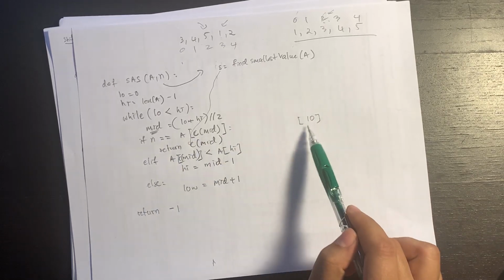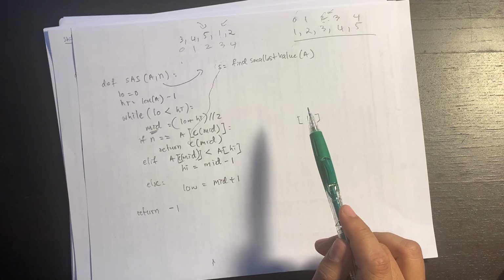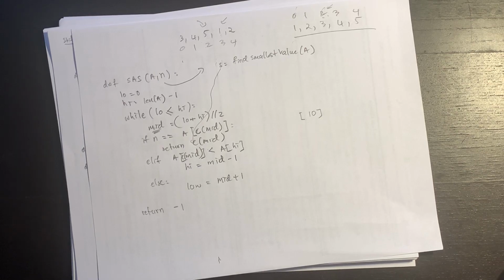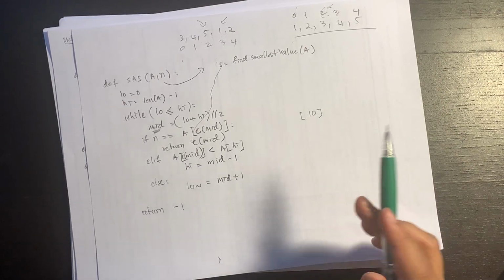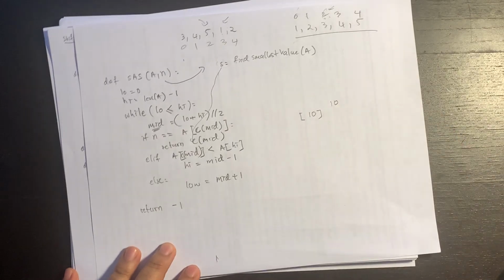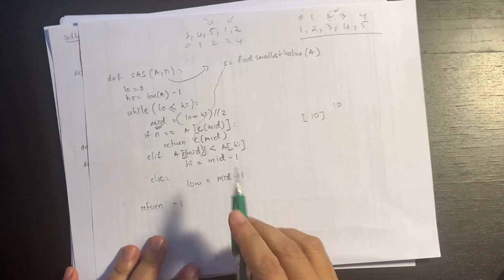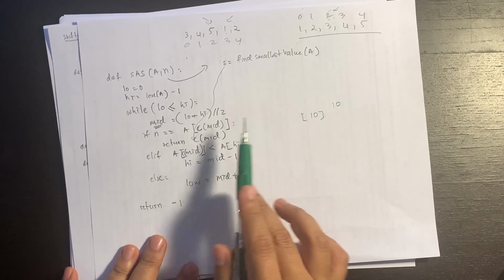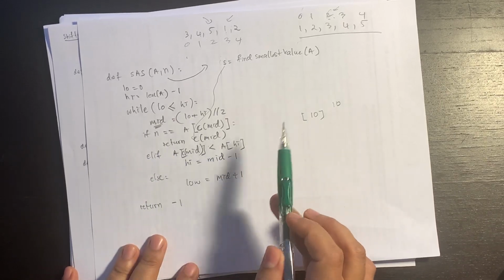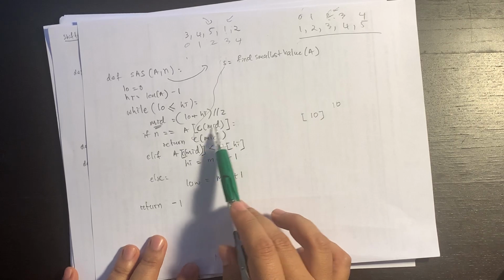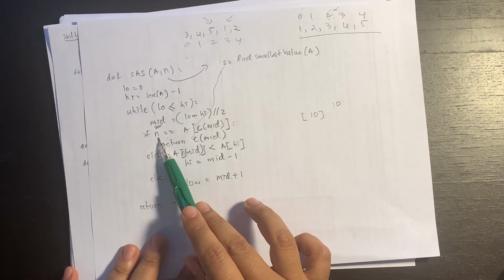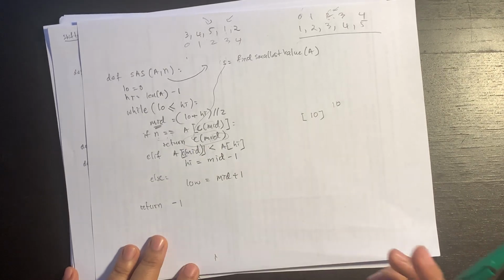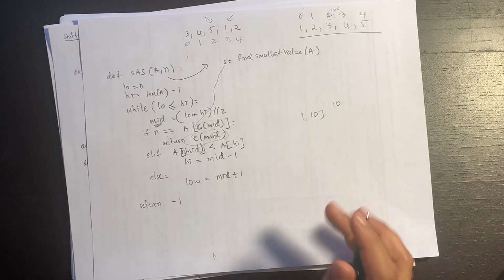Let's say the number that we're looking for is 10 as well. So mid would be 0, and the smallest value would be 0 as well. So it would find it and return C mid right here. C mid just returns 0. Yeah, I think it looks great.